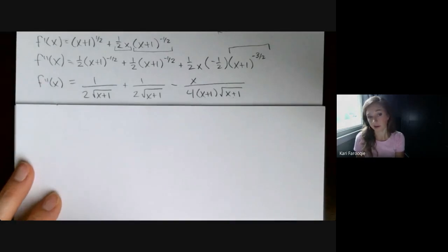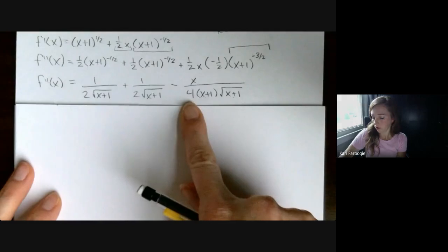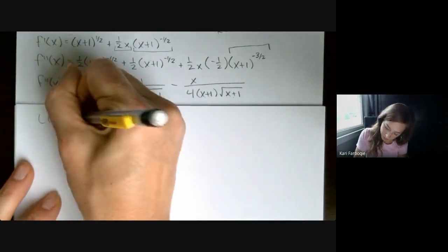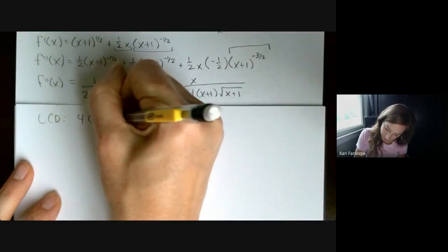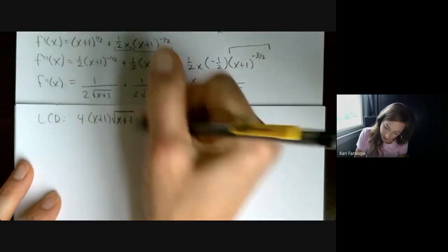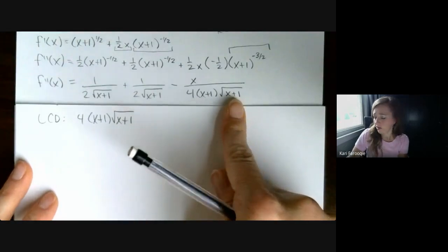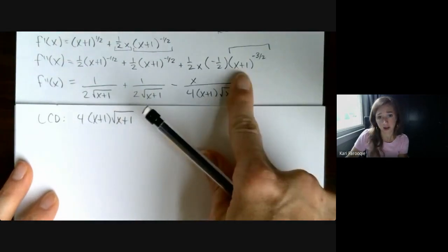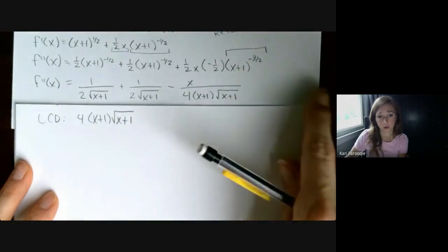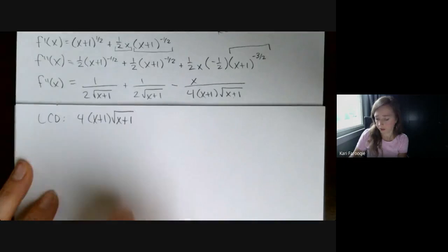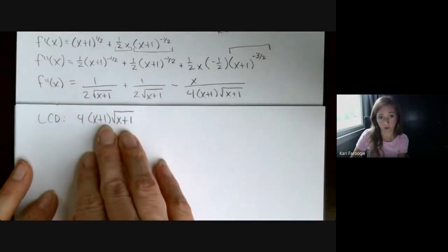So your LCD is going to be 4 times x plus 1 times the square root of x plus 1. Now, if you're wondering, did I have to do this? Why did she do it this way? Well, I think if you left it in the denominator as x plus 1 to the positive 3/2 power, you'd have a hard time looking at this and seeing what your LCD was supposed to be.